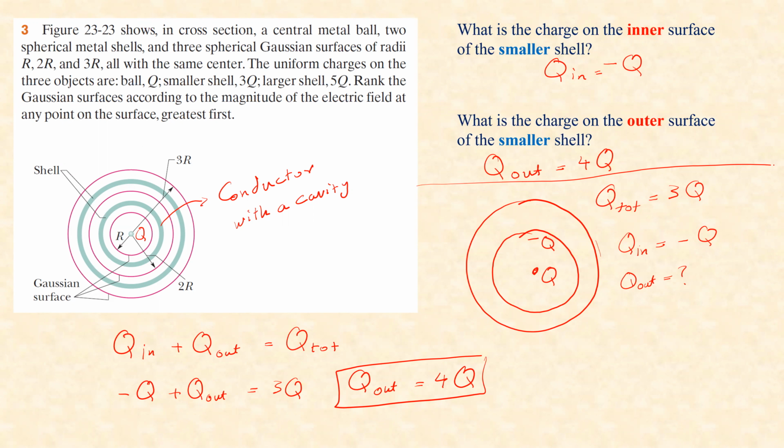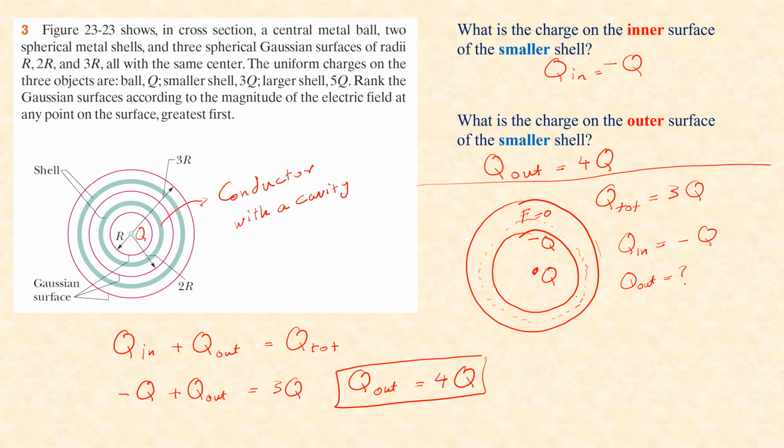Make sense? Professor, could you explain how we got negative Q as Q in real quick again, please? Yeah, negative Q is inside because we said that if you take a Gaussian surface completely inside the conductor, the electric field is 0 here. Inside a conductor, electric field is 0, because if it is not 0, the conductor has plenty of electrons, and they move and adjust themselves until the electric field is perfectly 0.